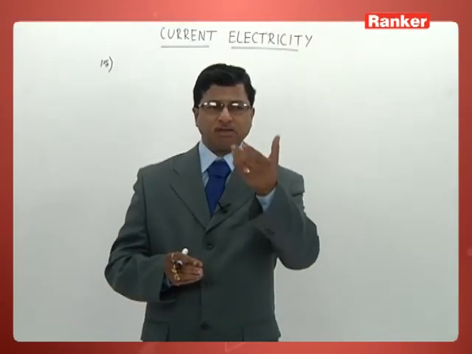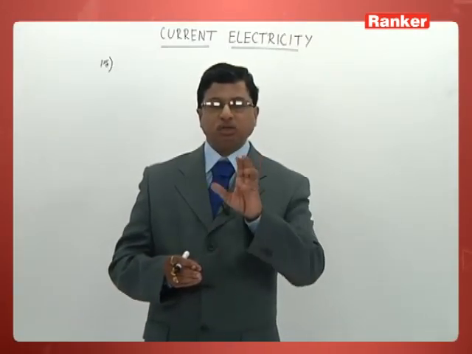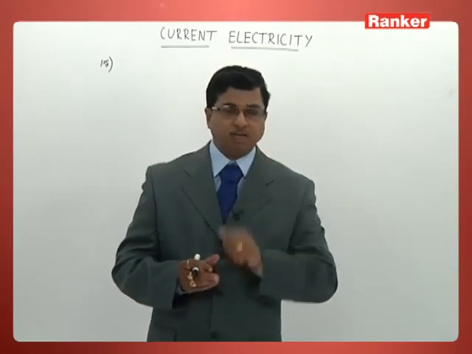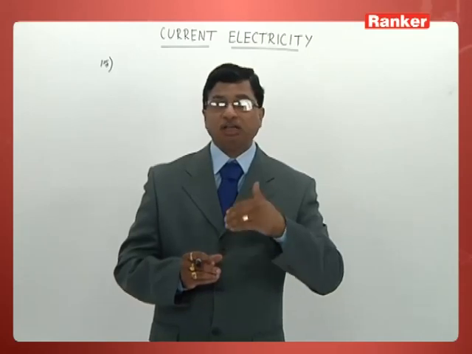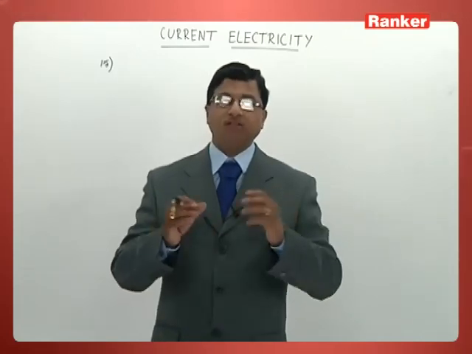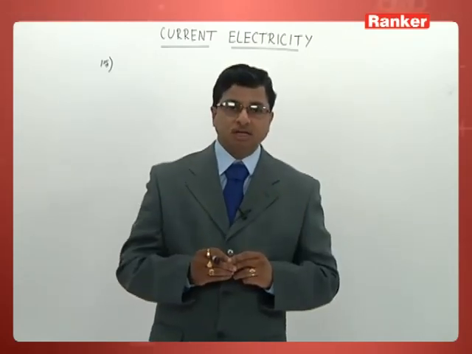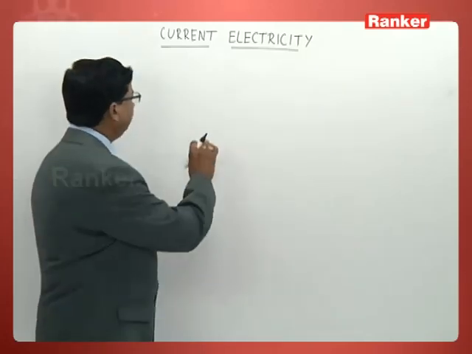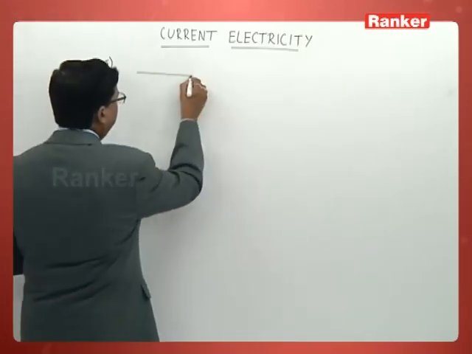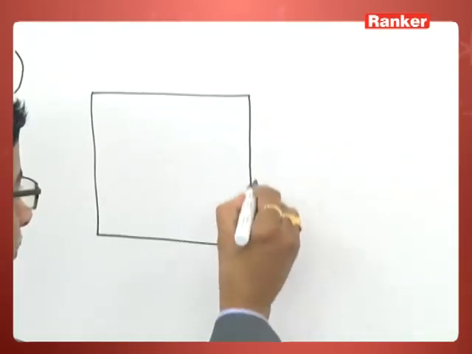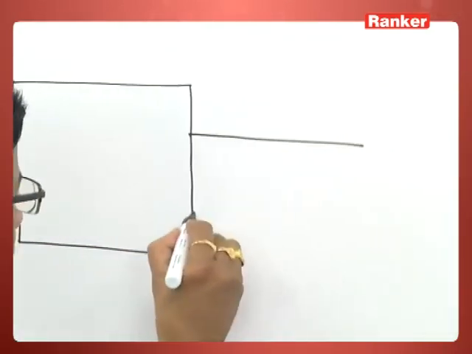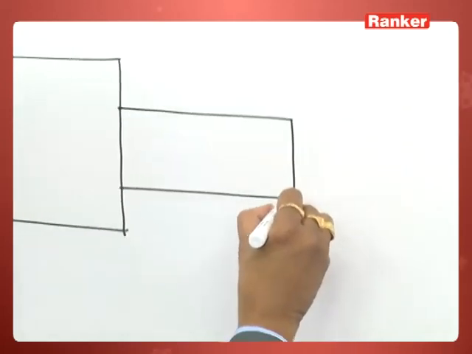So let us first check, looking at the problem and the figure given, which option out of the 4 is going to tally as the answer. Let us check the figure first. There is a bar like this, there is another bar like this.